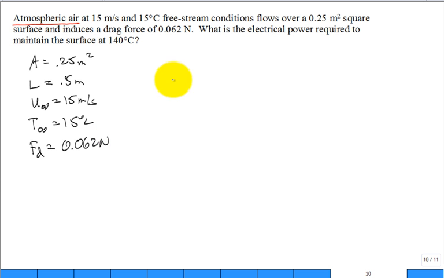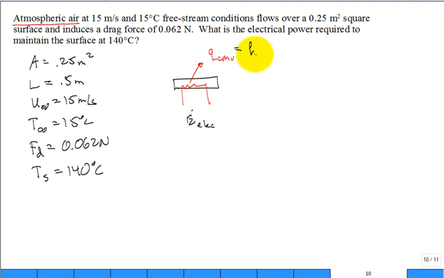So think about this. Here it is. I'm trying to just draw it in a simple dimension. There's going to be some electric power supplied to a resistive heater to keep the temperature of the surface 140 degrees C, because it's hot, and it's going to want to transfer Q convection off. How much is the convection?